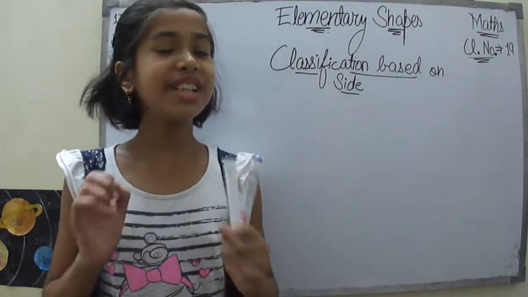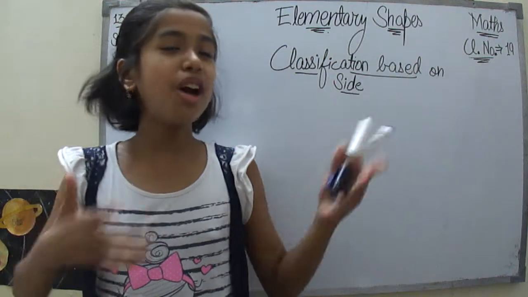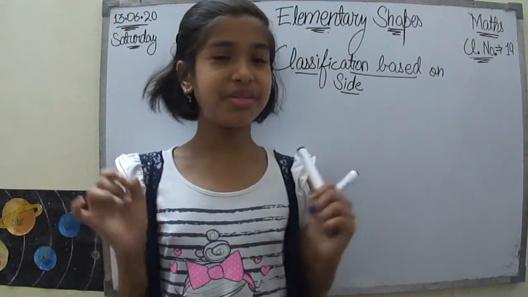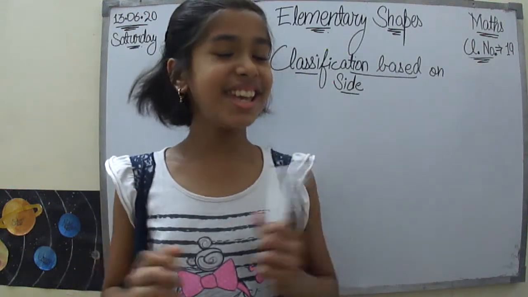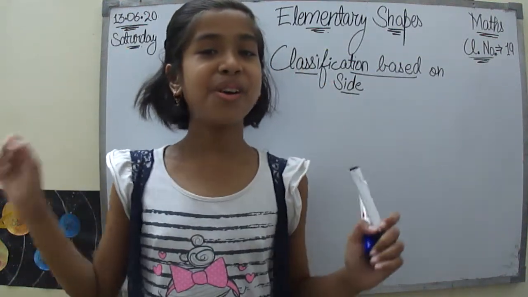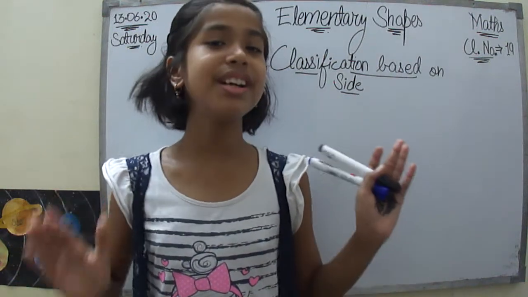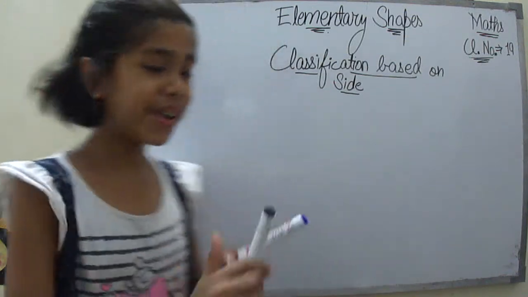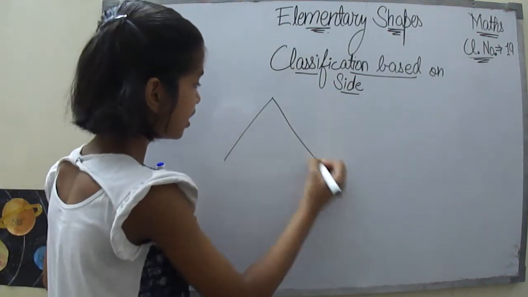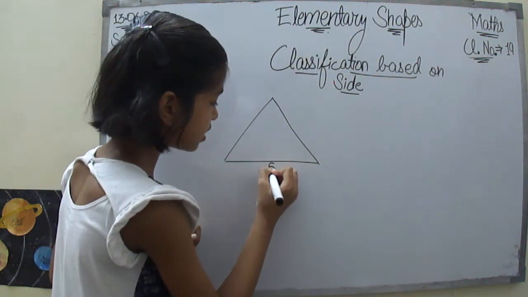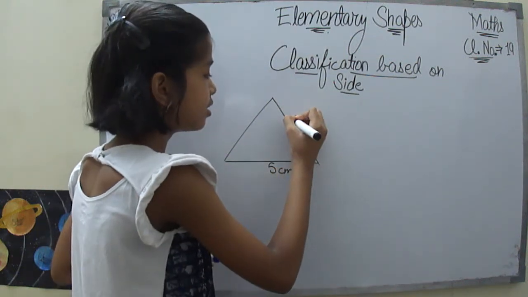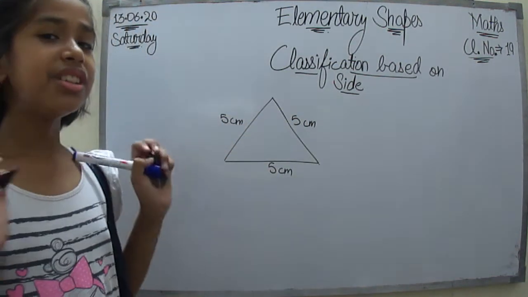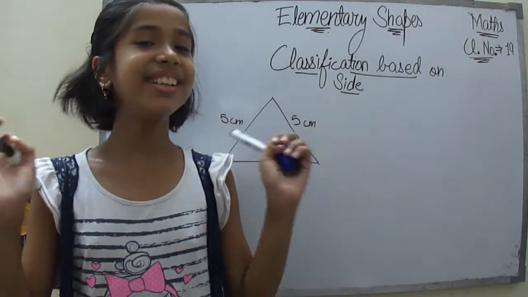Firstly, how many possibilities could be there? The first possibility which strikes my mind is a triangle with all the sides similar, all the sides with the same length. It could be, right? So let's say that I had drawn a triangle over here, and this is 5 centimeter long, this is also 5 centimeter long, and this is also 5 centimeter long. So all the sides are equal.